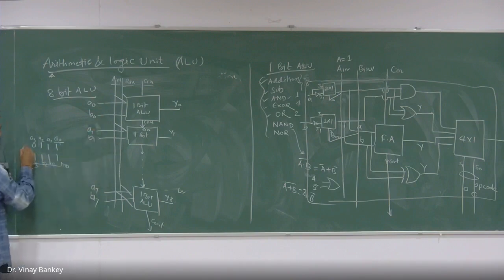If you want addition, you cannot skip the combination of A2 and B2. You need to perform addition of all these bits. Then only you can obtain the result of 4-bit addition.